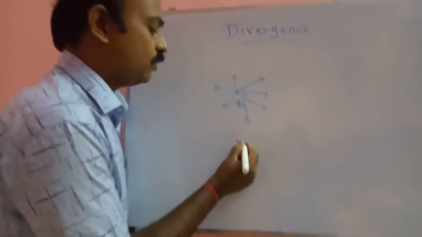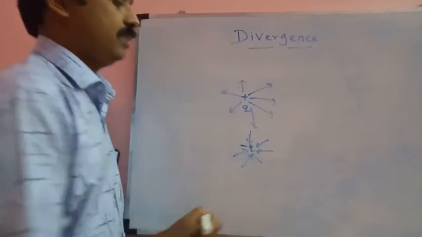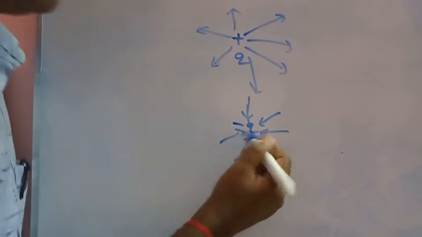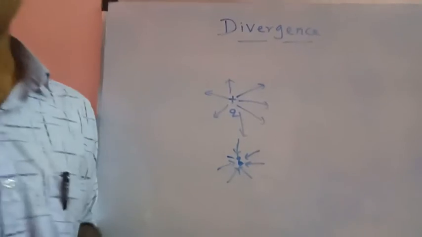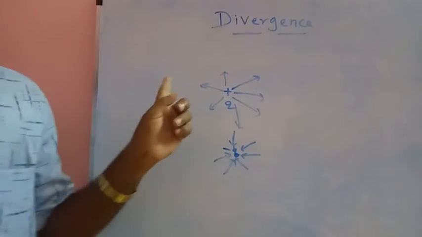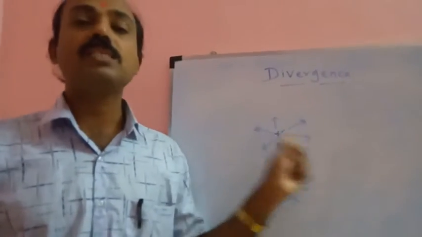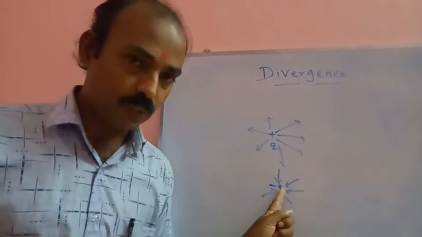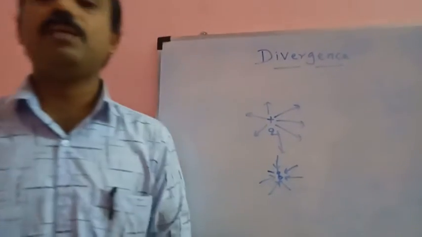If it is a negative charge, then the field is towards it. If the charge Q is positive, the electric field comes out, flowing out. If it is negative, the electric field is all moving towards the particular point.